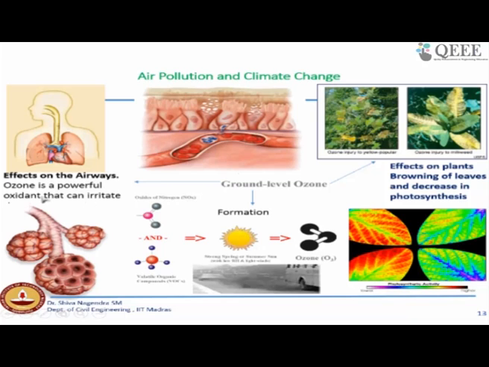Ozone is a powerful oxidant that can irritate, meaning it can affect your respiratory system. Inflammation can also happen. It affects plants, with browning of leaves and decrease in photosynthesis activity. So these are some of the impacts you can expect from an increase in ozone concentration.